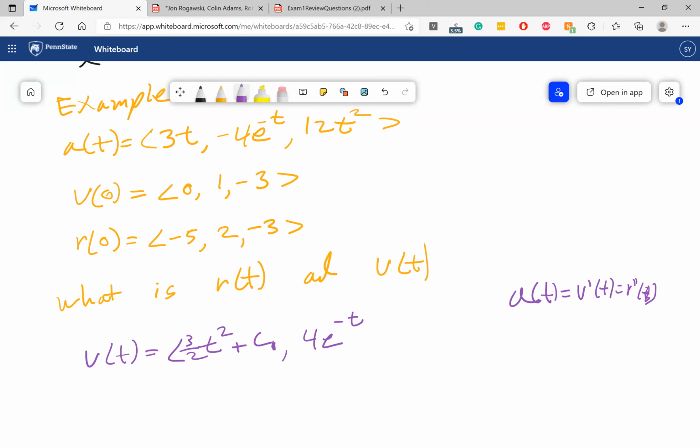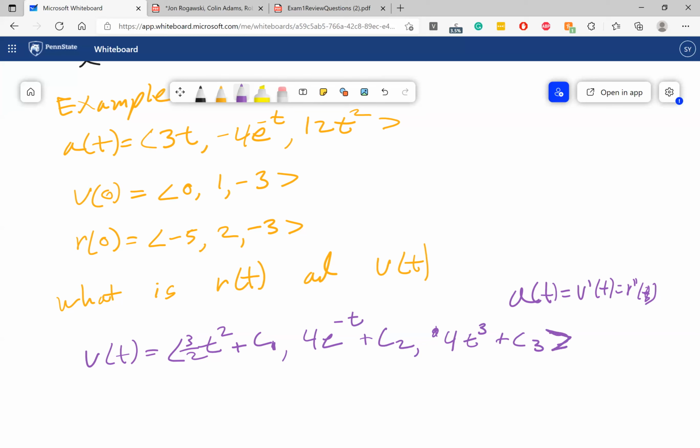If I take the derivative, the negative comes down, plus c2. And then in your third component, you're going to get 12 over 3, which is 4t cubed, plus c3.